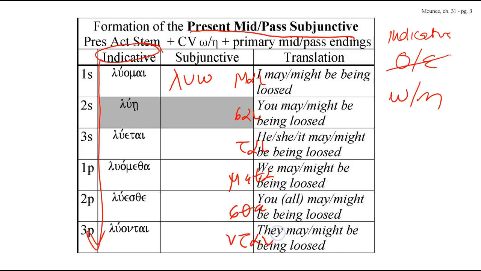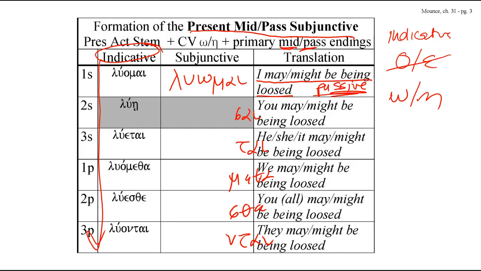But again, we're not going to use the short vowels. We're going to use the long vowels. Luomai, and while this can be either middle or passive, we'll translate it for the sake of convenience passively. So it's I may be being loosed, or I might be being loosed.